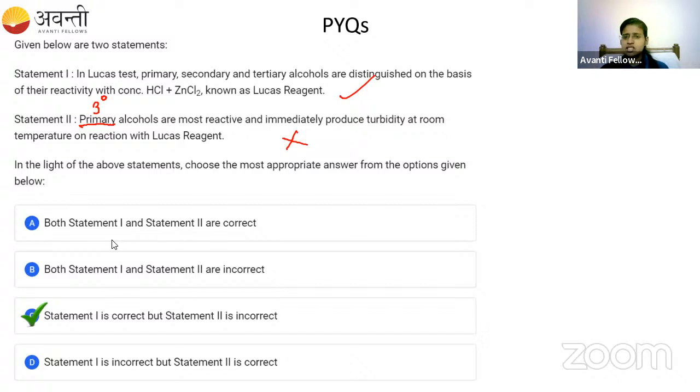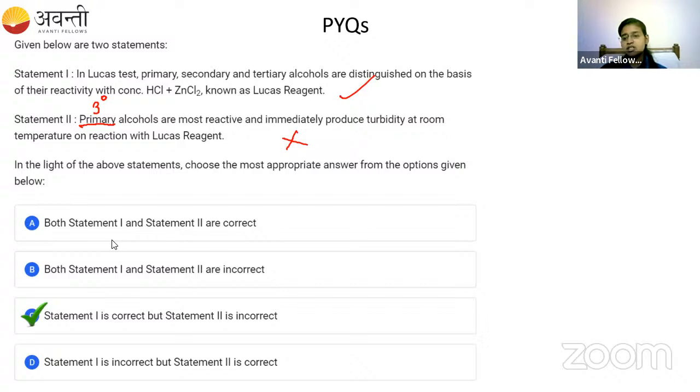Which lesson do you guys want? Aldehydes, ketones or we will go with amines? Not amines, biomolecules. Which lesson do you want me to start? Only if you understand the aldehydes, ketones, and carboxylic acids, the other two lessons will be easy for you.